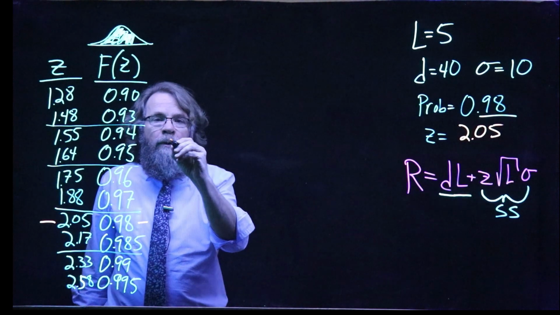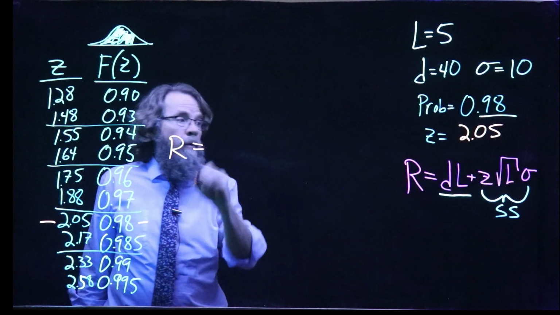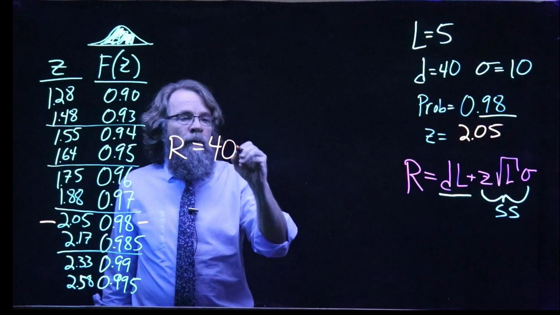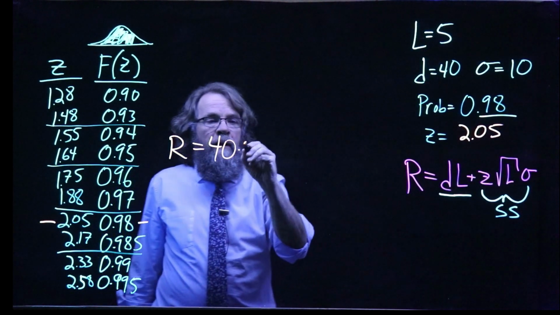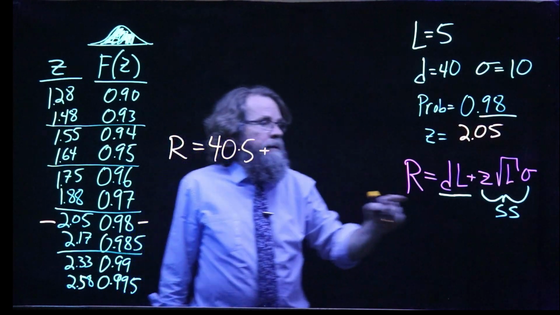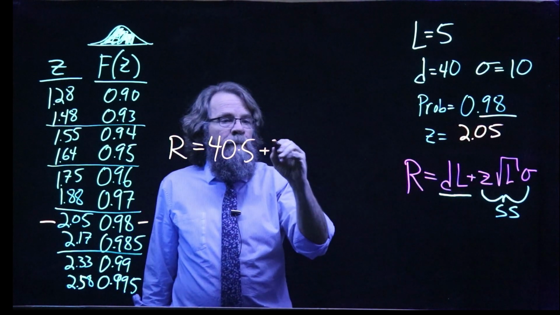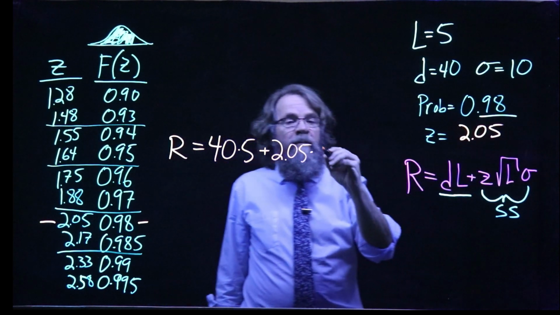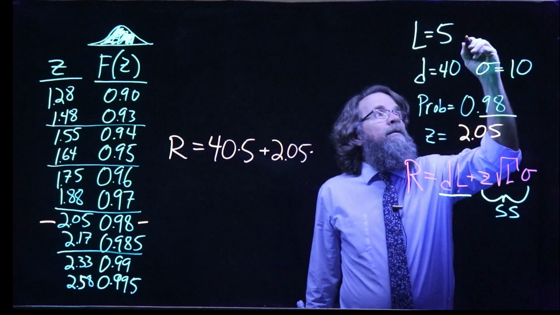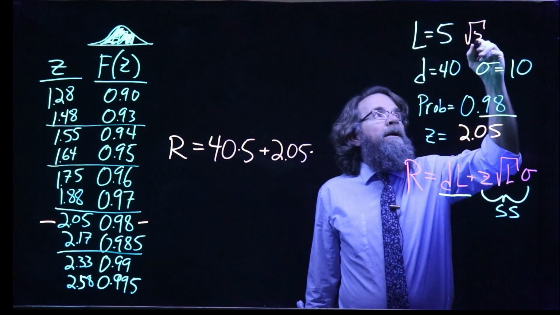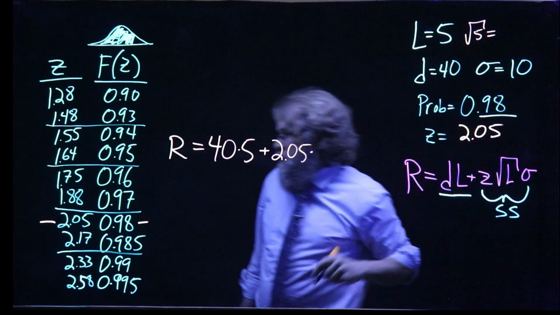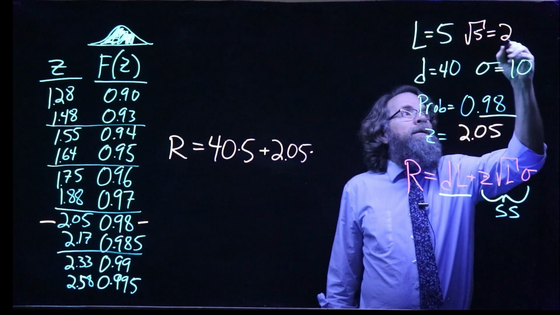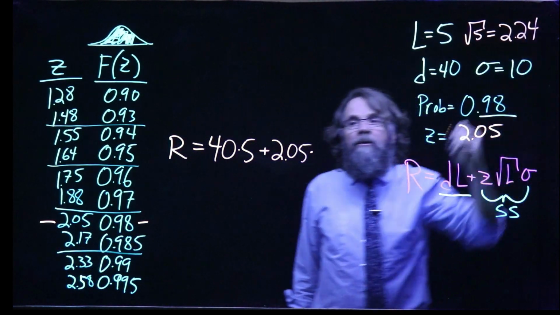So we will say Z equals 2.05. And our calculation then will be the reorder point equals D times L, where D is 40 and L is 5, plus Z, which we just decided is 2.05, times the square root of L. Now, the square root of 5 is 2.24.